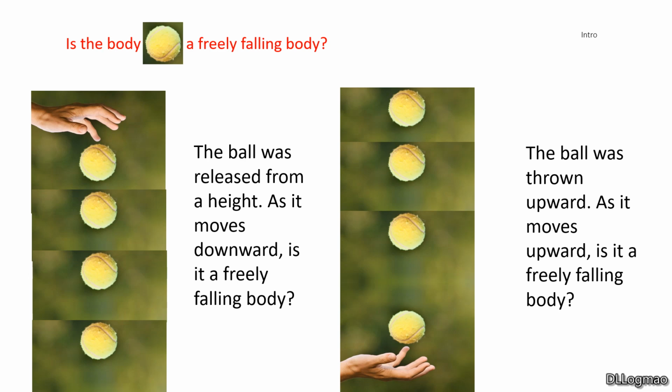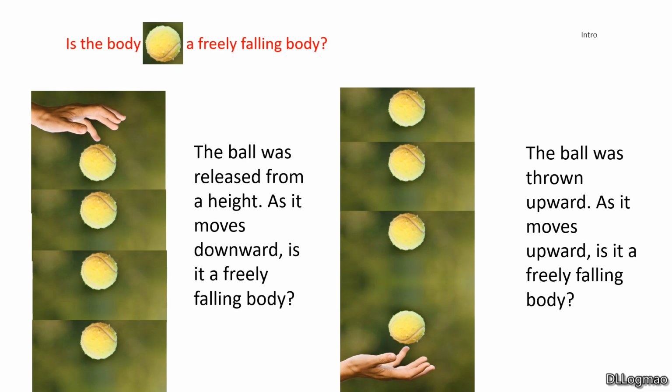Many of you will say no. Why? Maybe you will say the ball is moving upward, so it's not falling. That in the sense of falling, the ball is moving away from the earth instead.